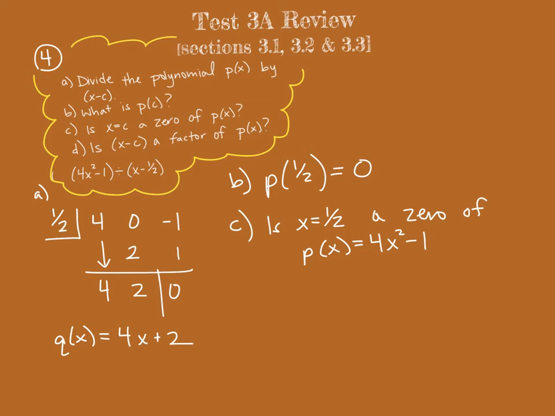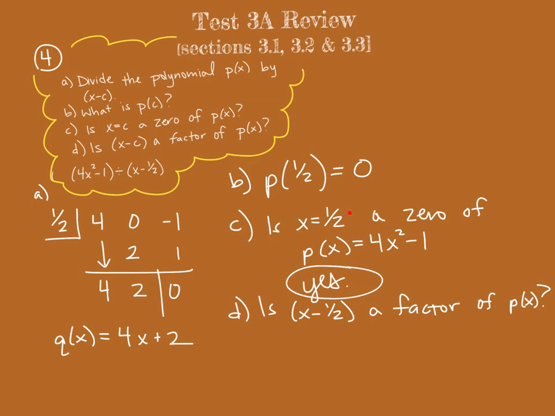That means that 1/2 is a 0 of the polynomial. It would lie on the x-axis, and we know that because of part B. Part D, is x minus 1/2 a factor of p of x? Well, since x equals 1/2 is a 0, x minus 1/2 is definitely a factor.